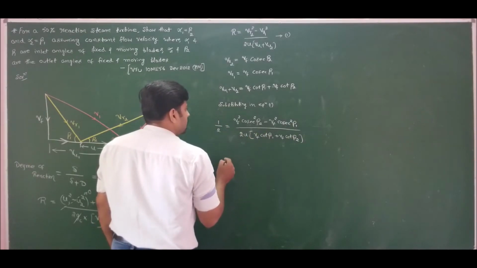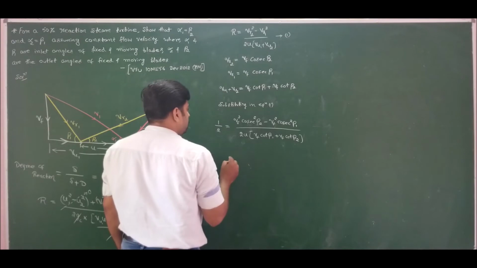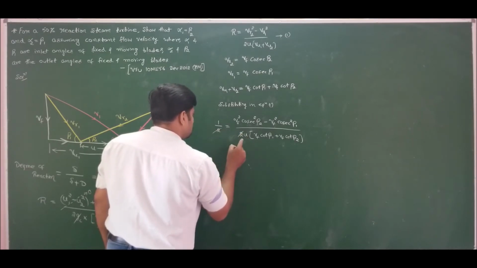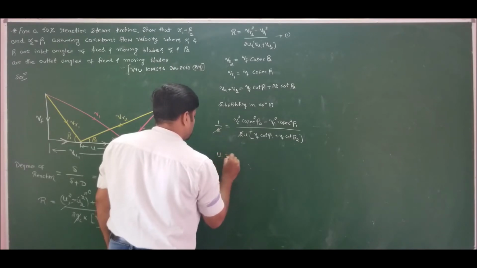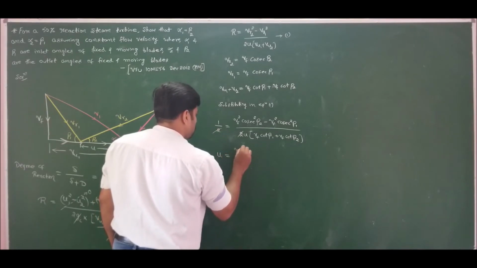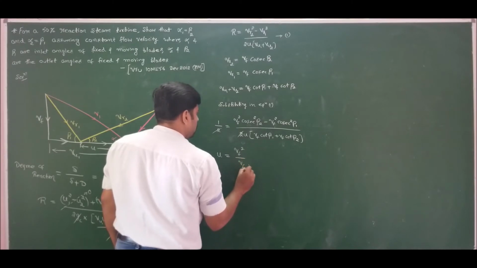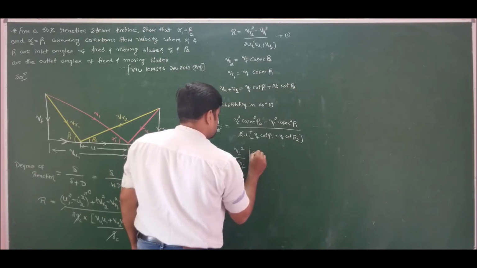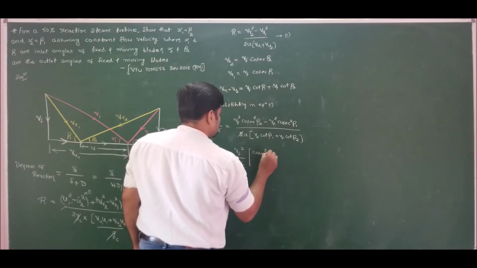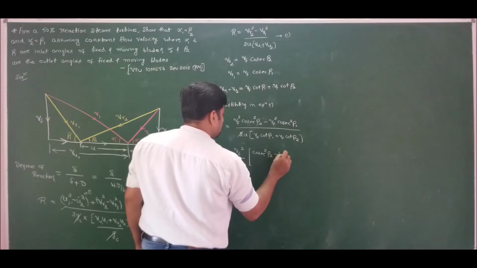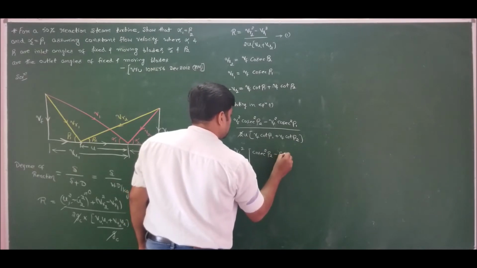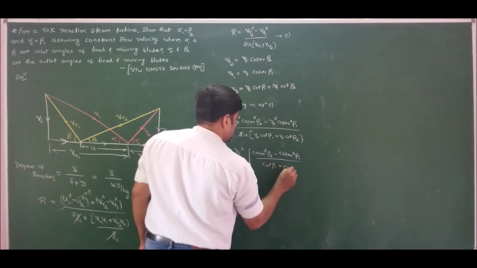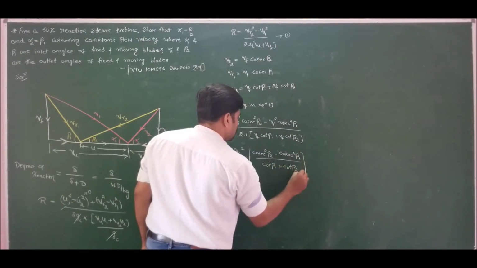Now I take Vf square common in the numerator and Vf common in the denominator, and cancelling the 2 and 2, I get u multiplying here. So u is equal to Vf square by Vf of cosec square beta 2 minus cosec square beta 1 divided by cot beta 1 plus cot beta 2.